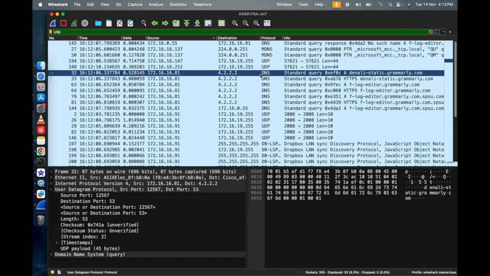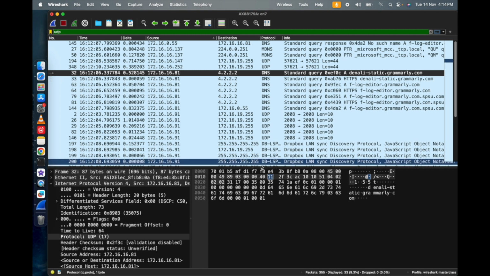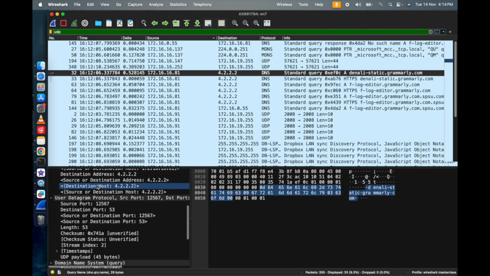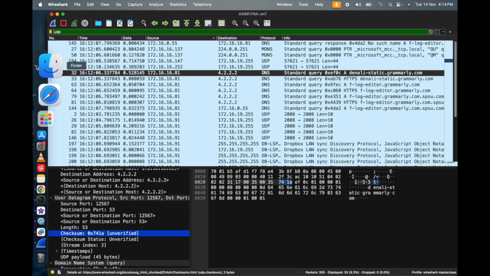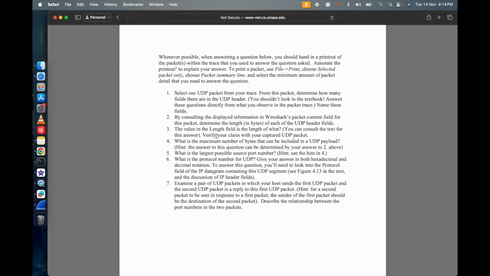See, for example, over here, for the source port there are 2 bytes, and for the destination port 2 bytes, and for the length 2 bytes, and for the checksum 2 bytes. So the answer is 2 bytes.